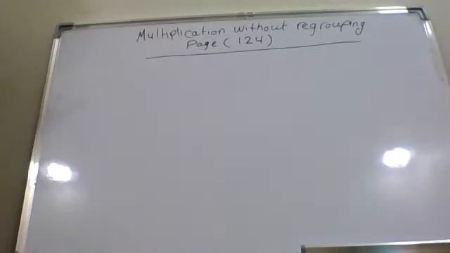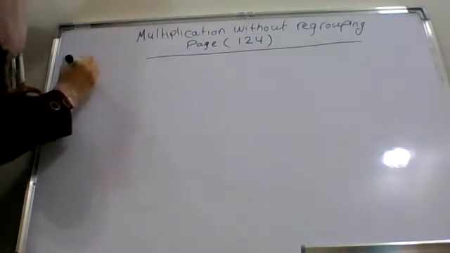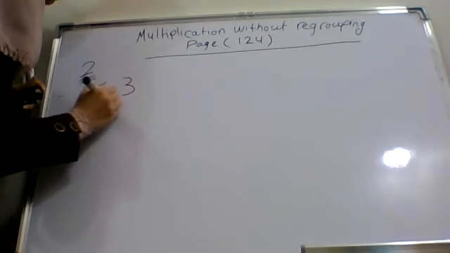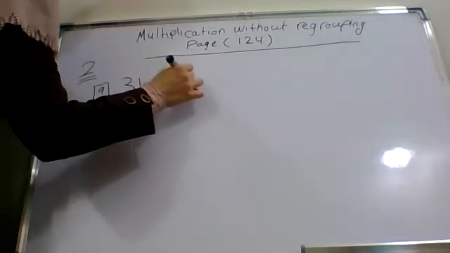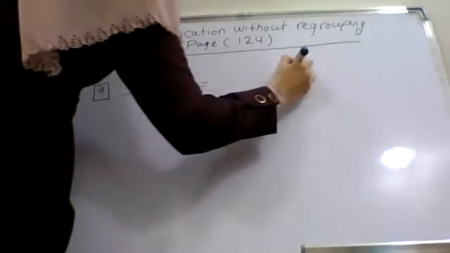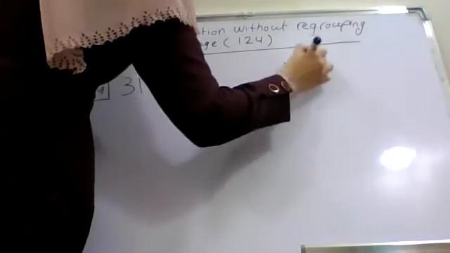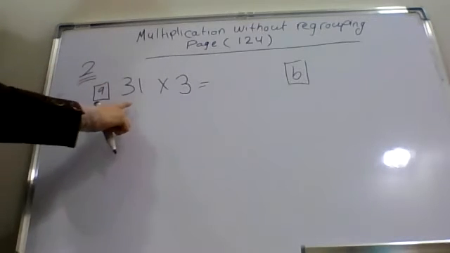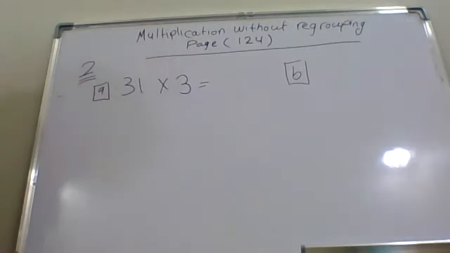A is 31 times 3, and B is 64 times 2. For A, 31 times 3 equals 3 times 31. It's the same answer, okay?